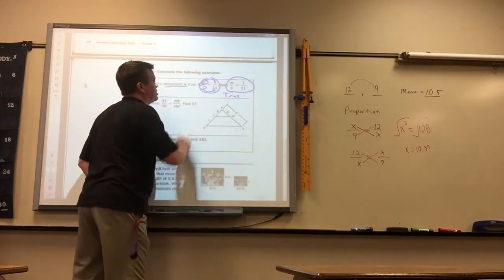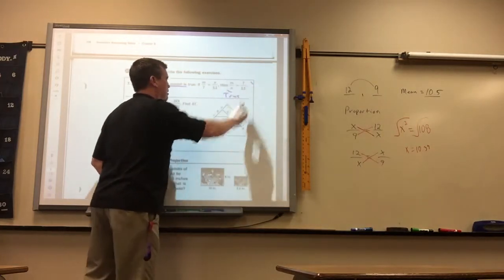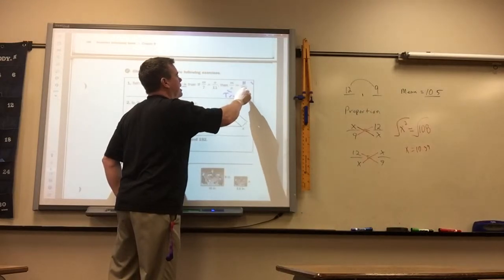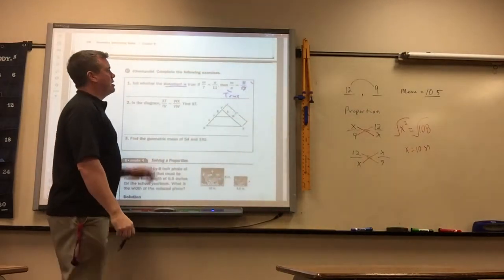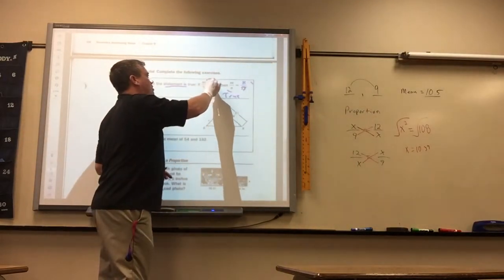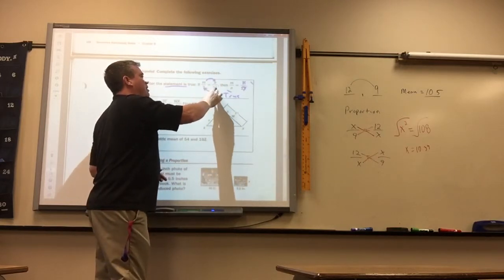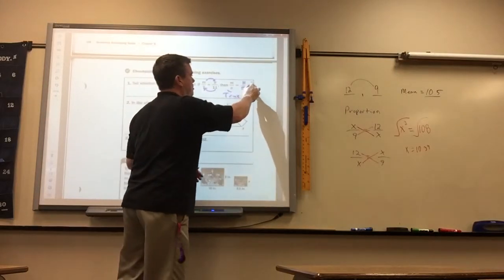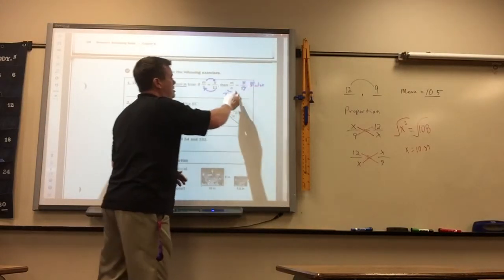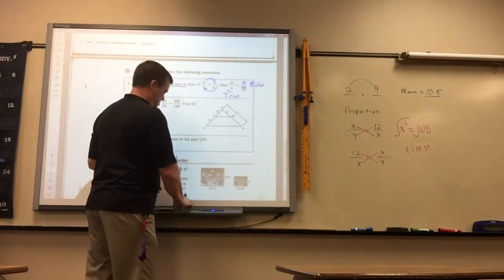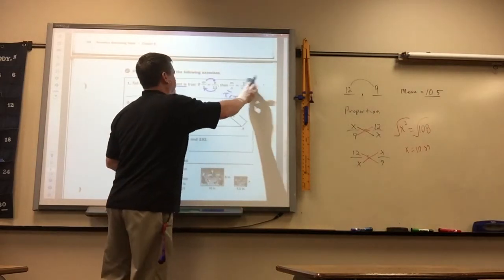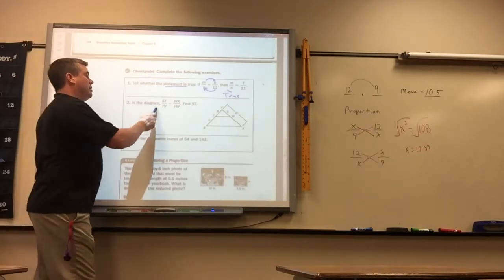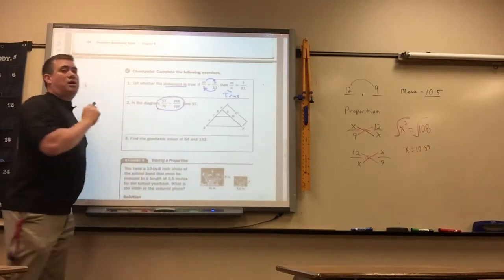If they were to switch these around and put 11 over 7, that would have been incorrect, because they would have gone m over n, but then reversed the order there, 11 over 7. So if it was this, that would be false. But since they followed the same pattern, it's true.